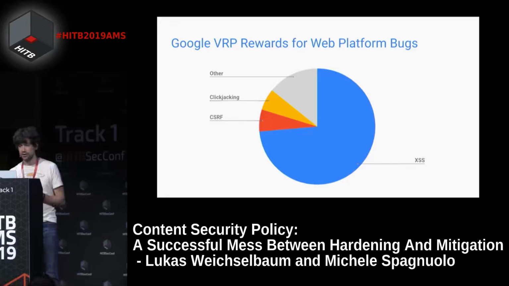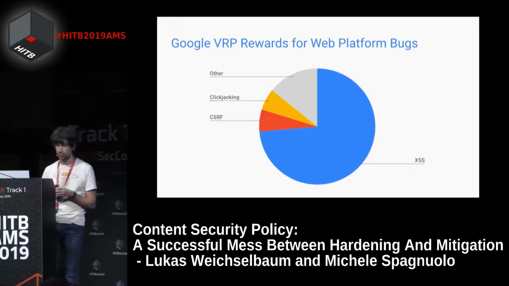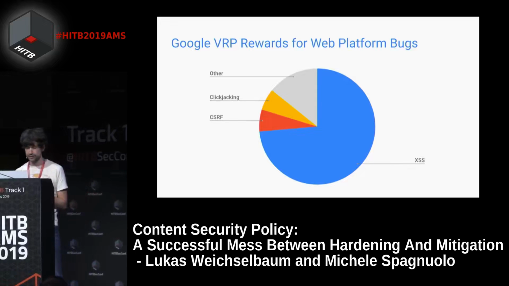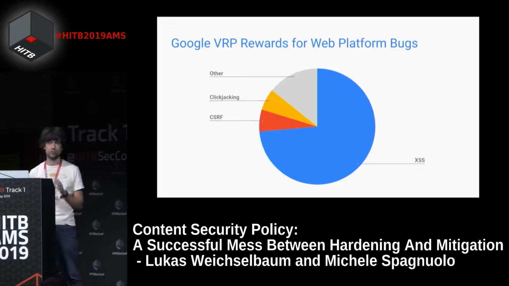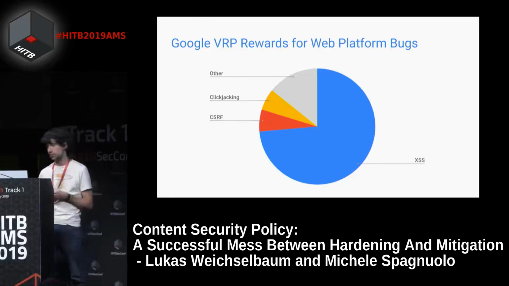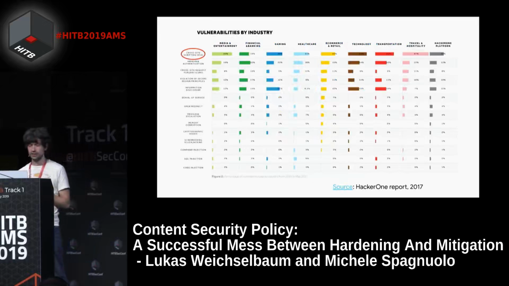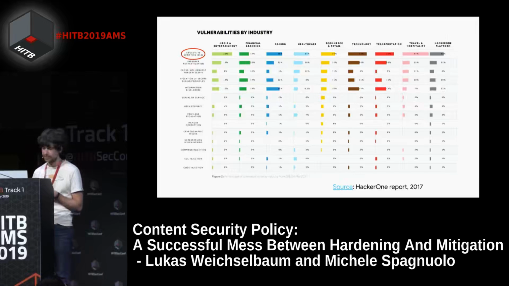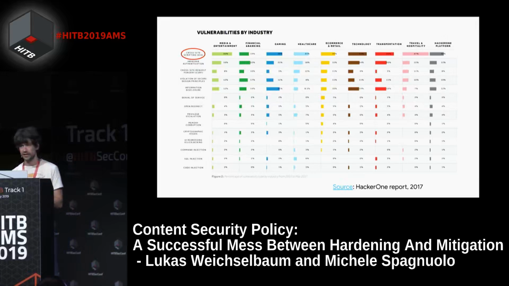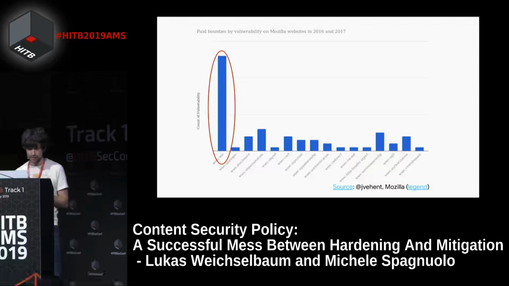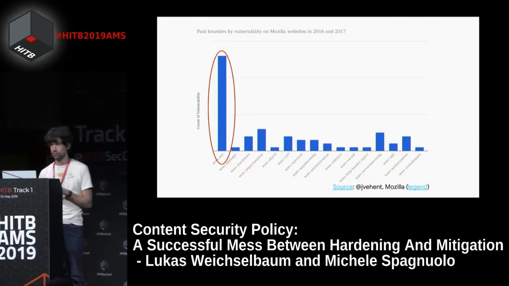Drilling down, in these web vulnerability bugs, web platform bugs, we see that XSS accounts for 3/4 of those. So we have this figure, but it's not only Google. Also, HackerOne, you can see that they list cross-site scripting as their top vulnerability type. And also Mozilla, it's definitely their top vulnerability.